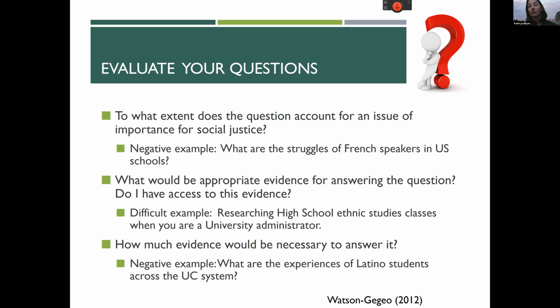Okay, so aside from being too general, this becomes a problem for not being specific enough. This also would require getting too much evidence for completing a dissertation in 1 year. So you would have to somehow survey Latino students across every single UC, right, in order to answer this research question. And that would be very, very difficult to do.